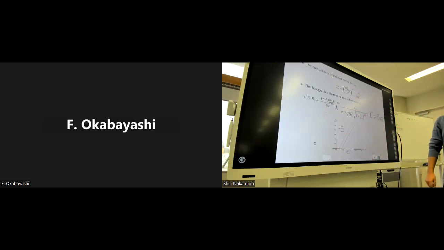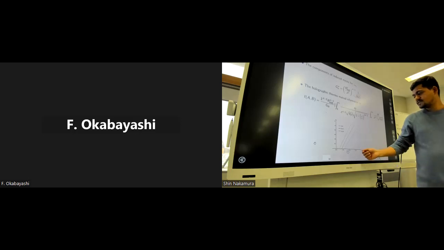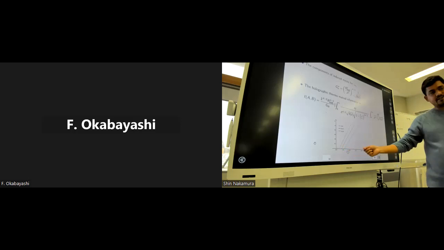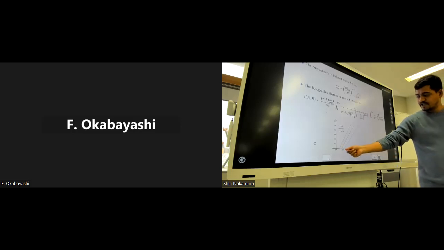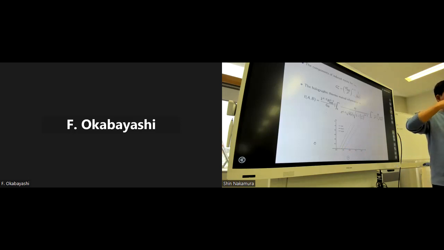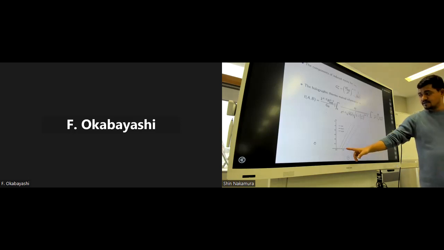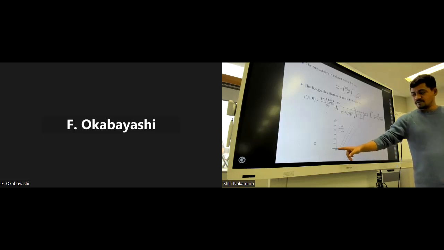Here you can see, for a fixed t, as I increase the width, after a particular value this mutual information starts increasing. That means correlation. But before this initial value, the mutual information is 0.